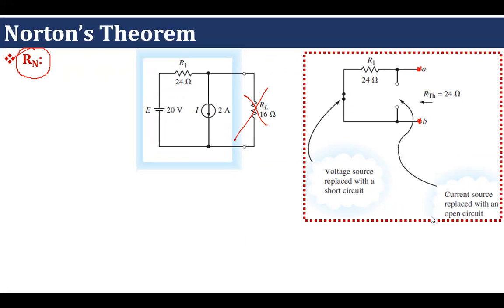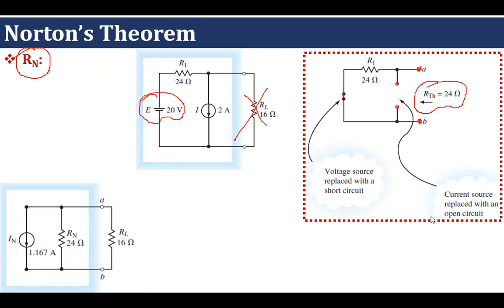So this voltage source will be short circuited to make it 0, and this current source will be made open circuit to make it 0. Now if I see from this side, the value of resistance will be equal to 24 ohm.